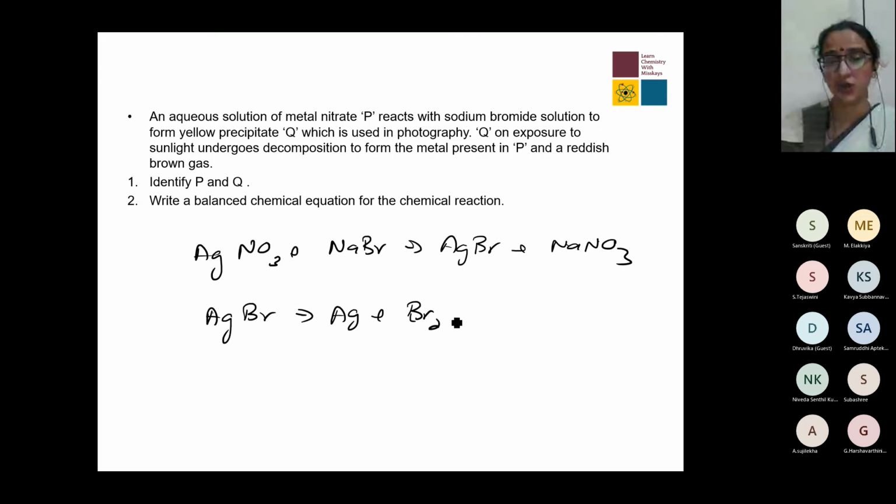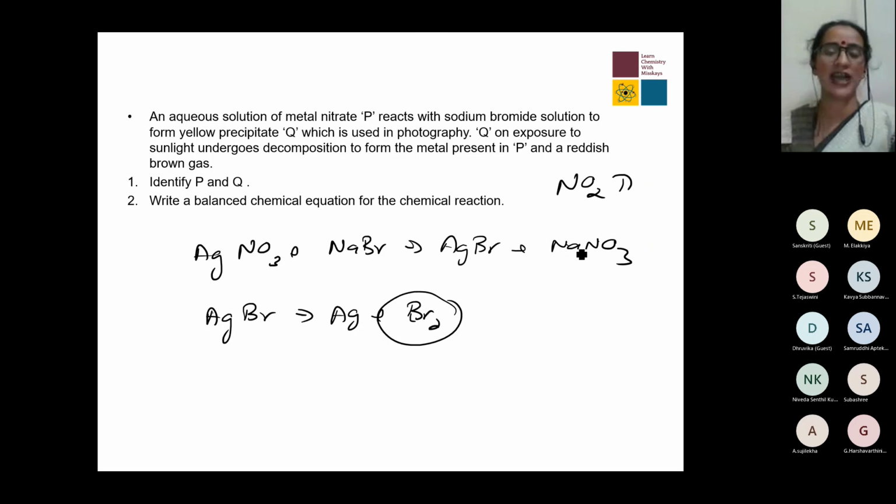Now, in case you didn't know, bromine also happens to be a reddish brown gas. Are you guys aware of another reddish brown gas? Do you know that NO2 is also a reddish brown gas?